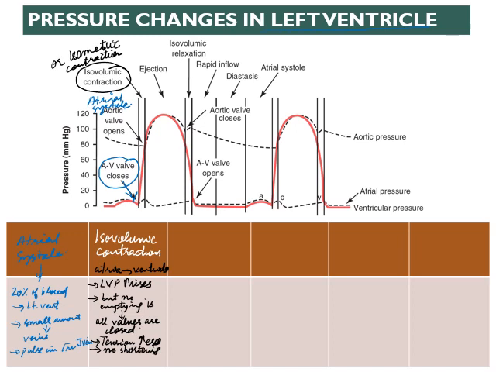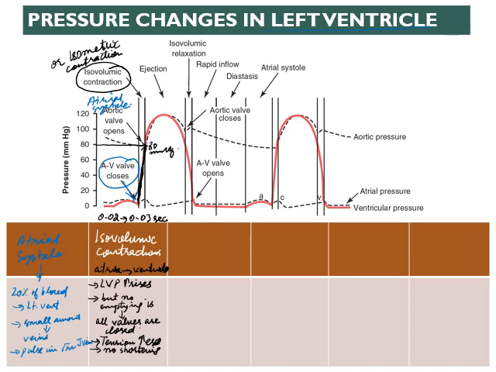So, additional 0.022 to 0.033 second is required to build up pressure during this phase to overcome the pressure in the aortic valve, that is 80 mm of mercury.